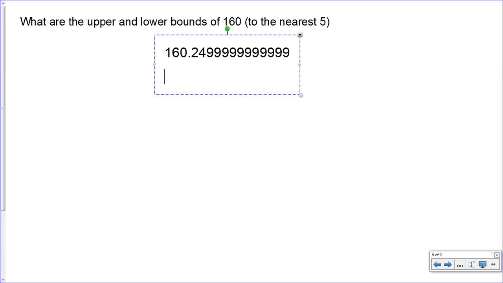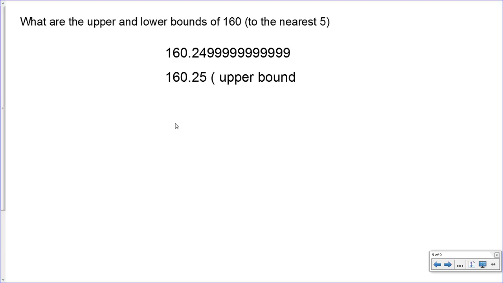So it's perfectly acceptable to call that 162.5. That's the upper bound. And the lower bound would be 157.5.